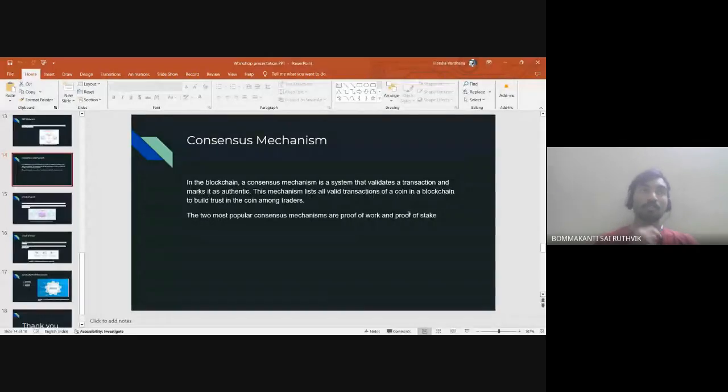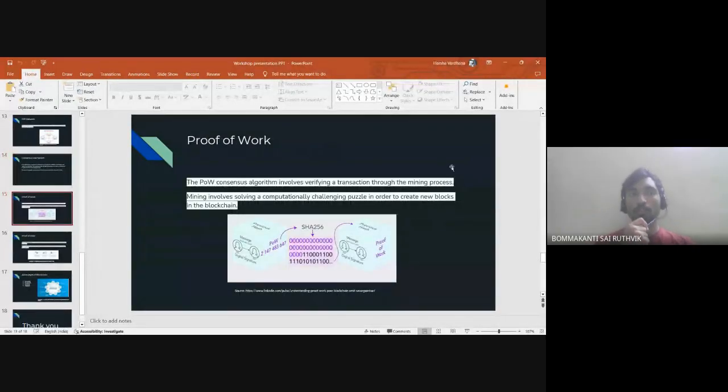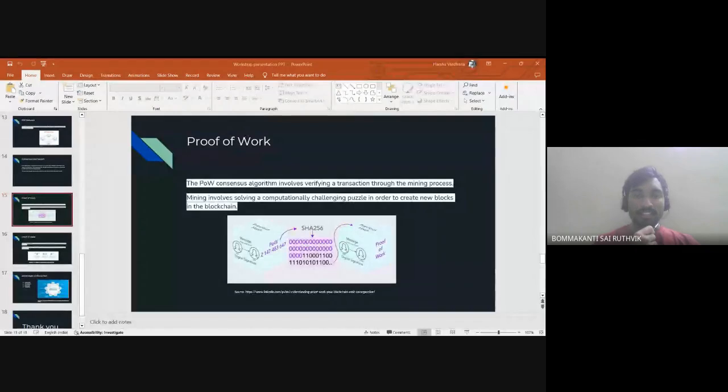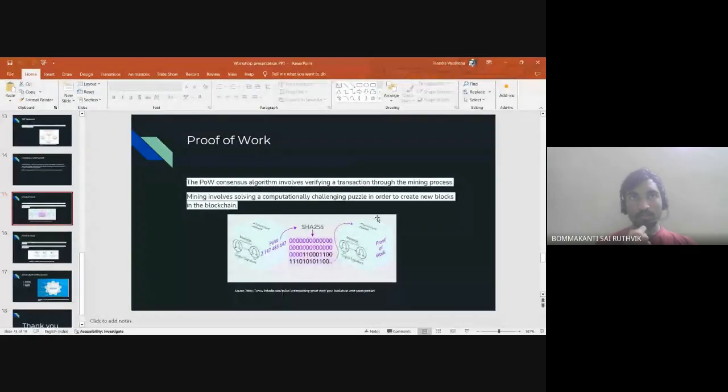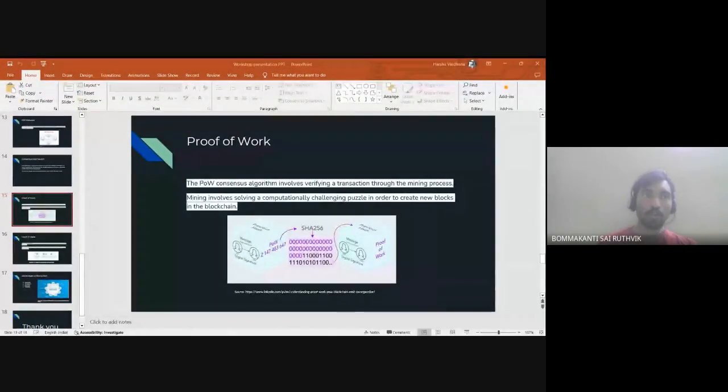Before delving into proof of work, we have to understand how the consensus mechanism actually works. If you want to add a block to the blockchain, there should not be any malicious activity.